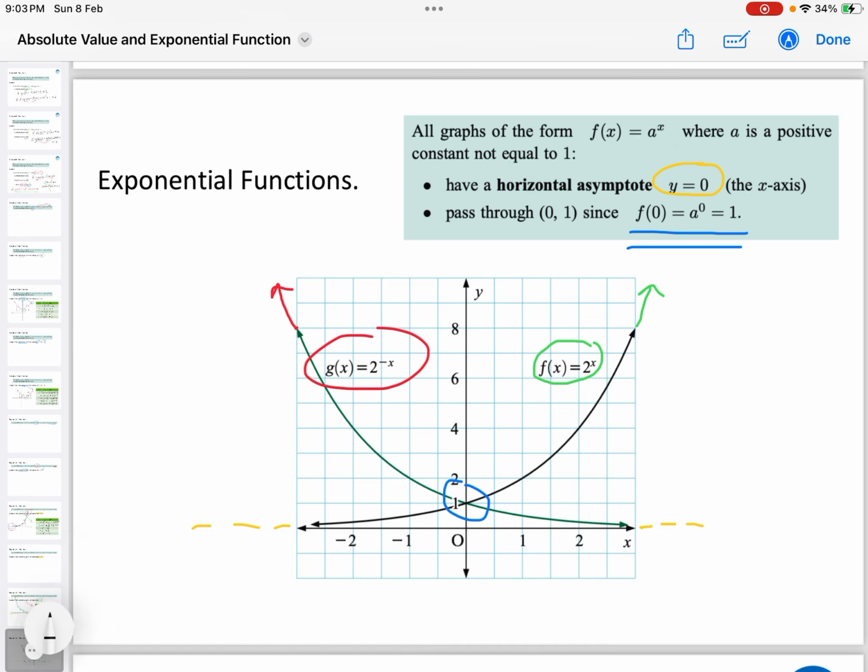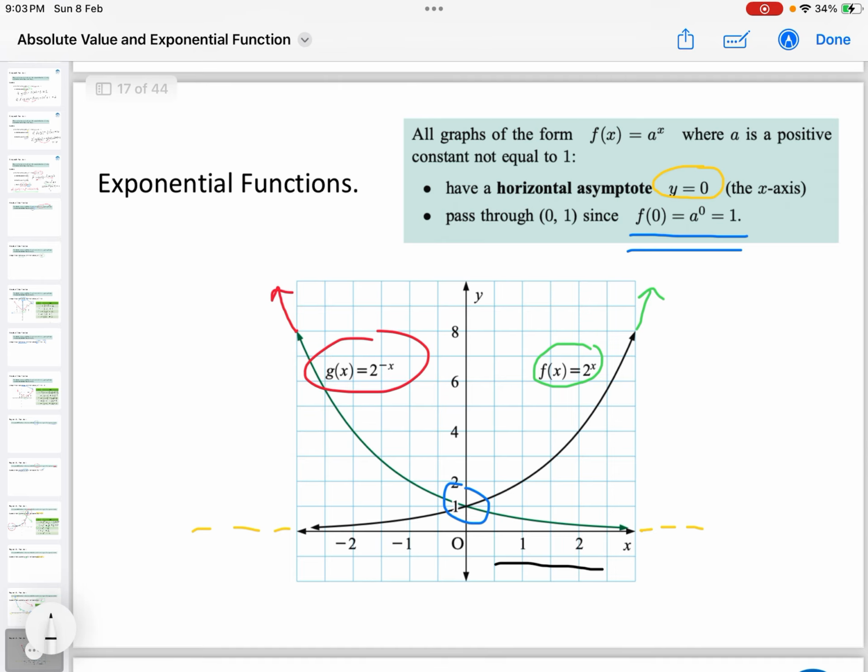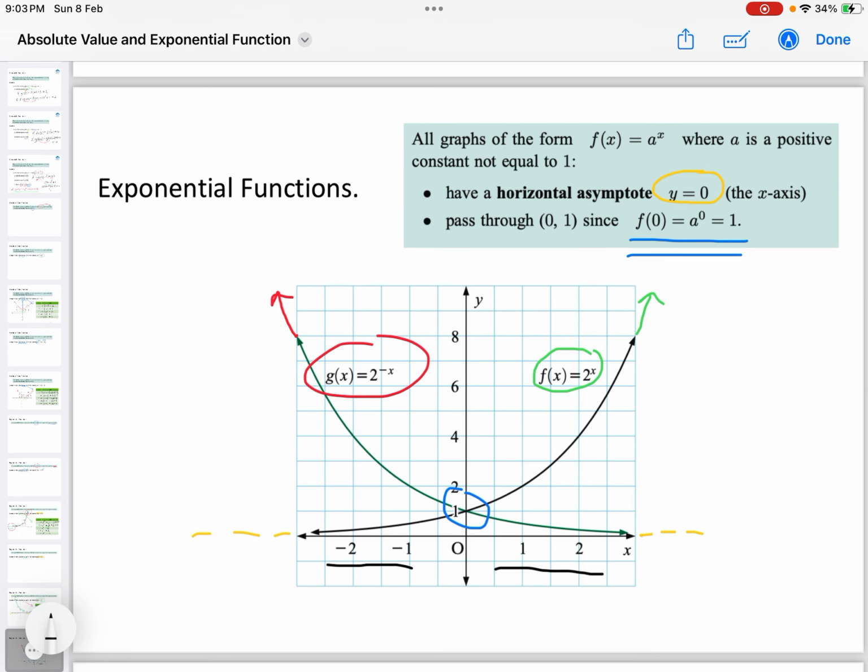Now, for this example, take a look that the graph only involves -2, -1, 1, and 2. But of course, if we would like to be a little bit more ambitious, or for example, in your own notebooks, you can continue the graph with 3, you can continue the graph with 4, continue with -3 or -4.